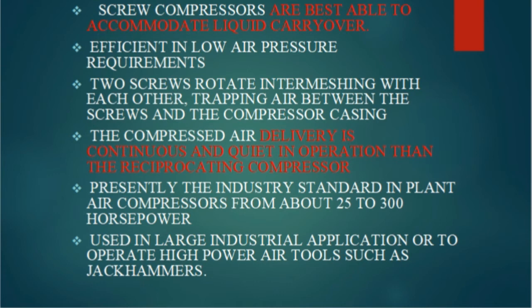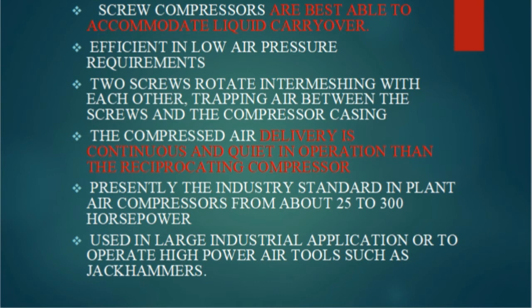Screw compressors are best able to accommodate liquid carryover and are efficient in low air pressure requirements. Two screws rotate intermeshing with each other, trapping air between the screws and the compressor casing. The compressed air delivery is continuous and quieter in operation than the reciprocating compressor.